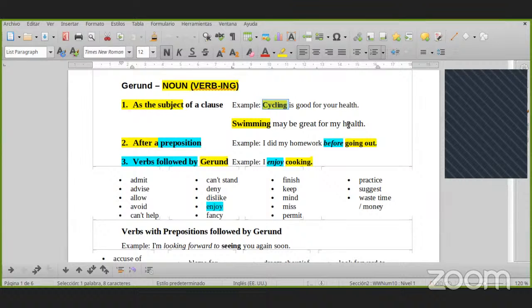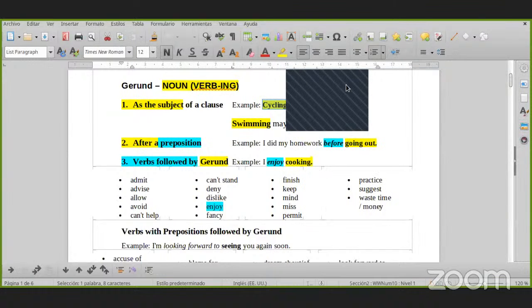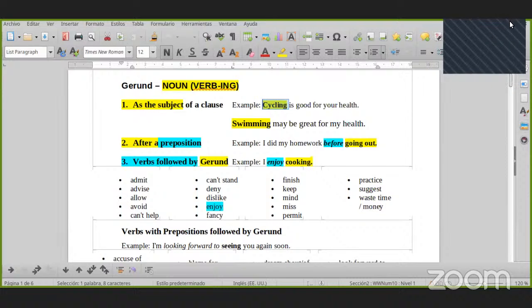So what we are doing is expressing or describing a specific action. So we don't have any subject.